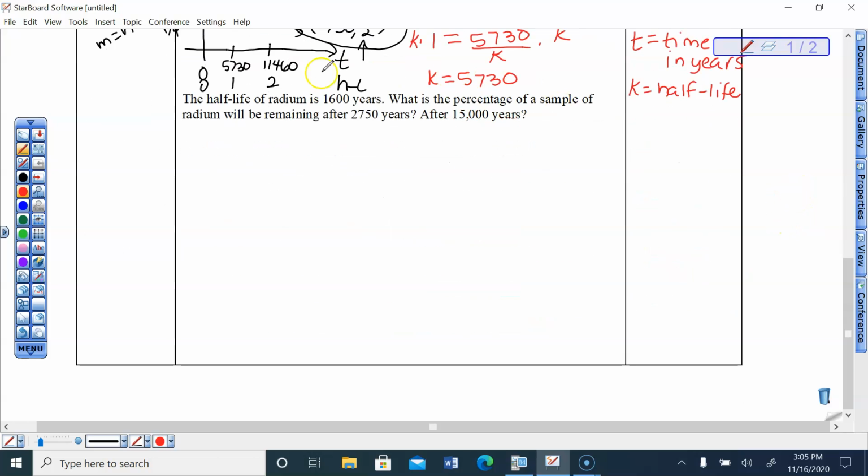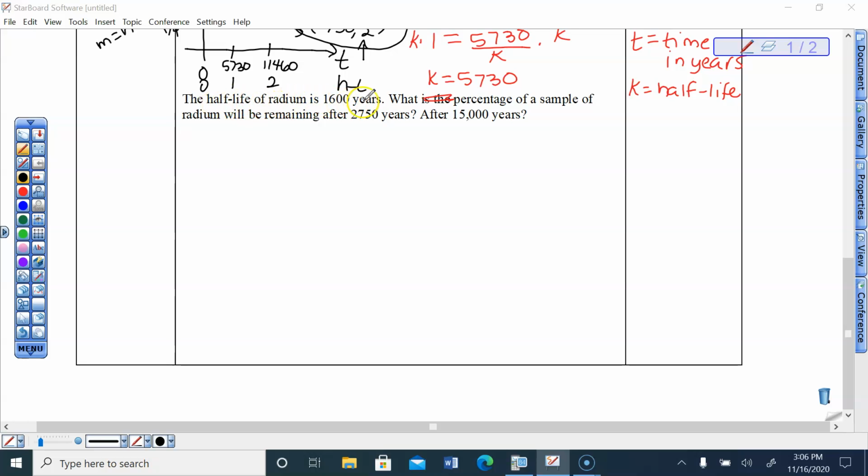It says the half-life of radium is 1600 years. What percentage of a sample of radium will be remaining after 2,570 years and after 15,000 years? Okay, so let's just go back and unpack that.